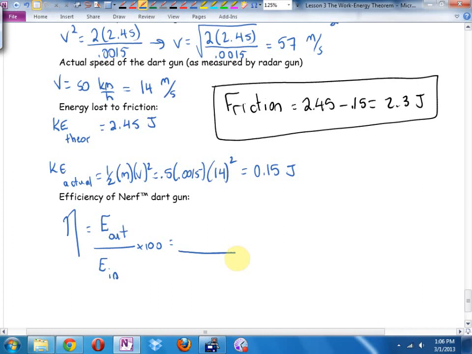How much energy did we put in? 2.45. What was the actual kinetic energy of my bullet? 0.15, times 100. 6% efficient?